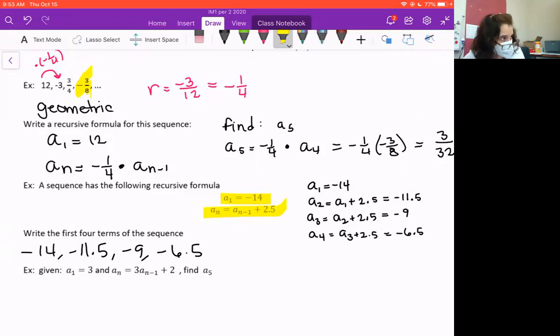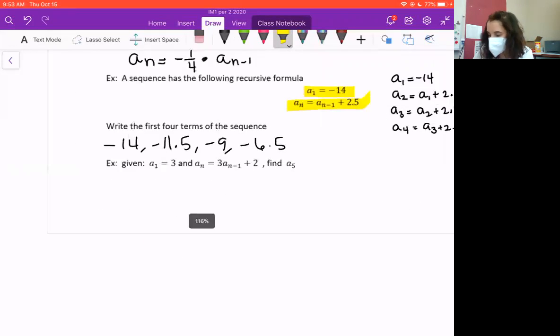What do I do next? I add 2.5. So the 2 pieces here are important. You've got to know where to start. If you don't know where to start, you can't do anything. And then you've got to know what to do next. The first part of the recursive formula tells you where to start. The second part tells you what to do next.